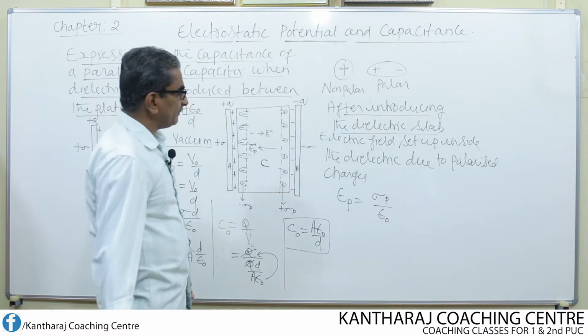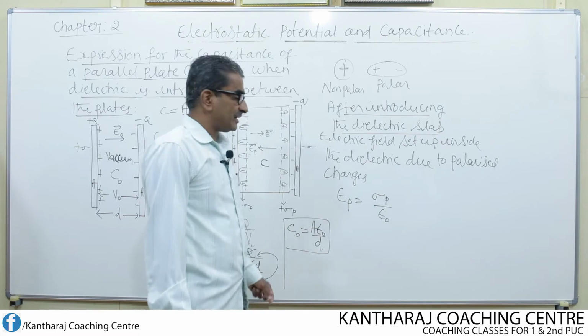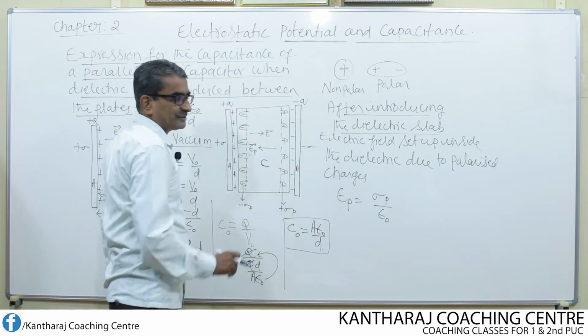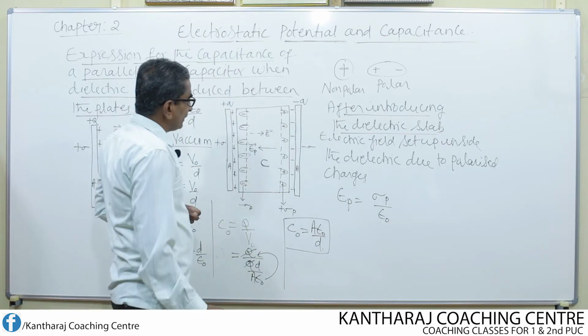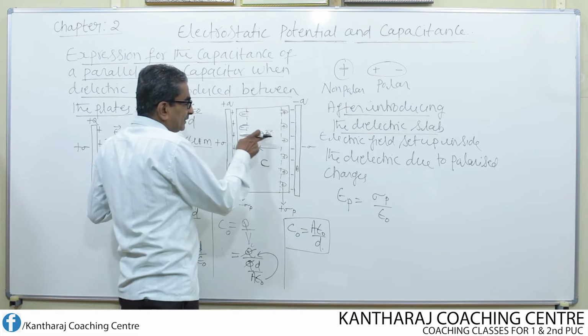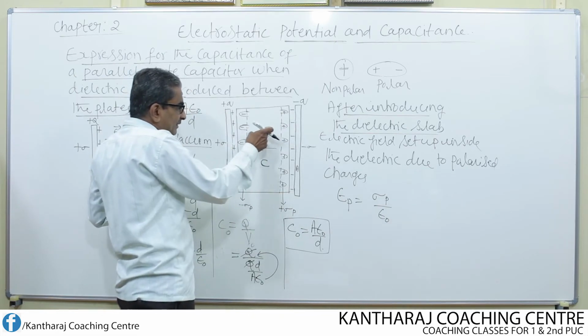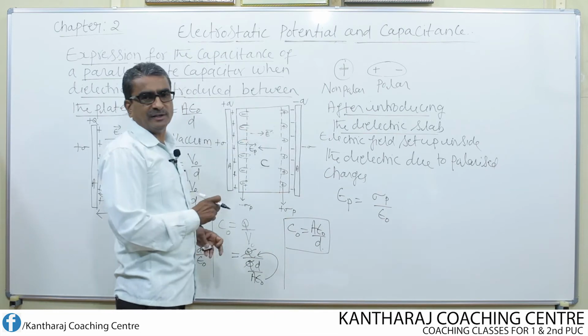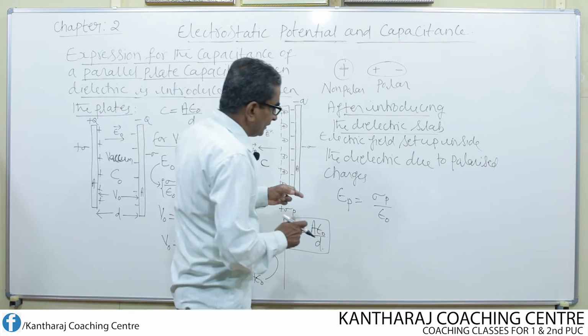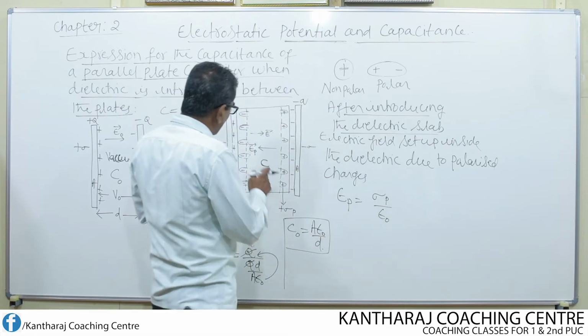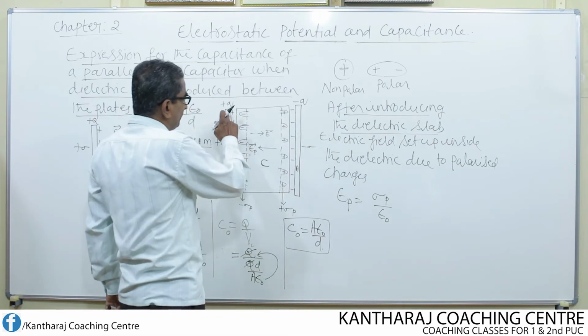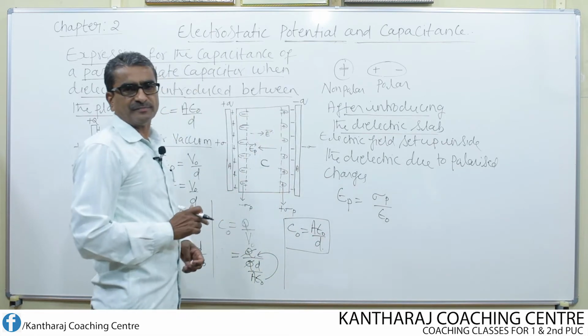Sigma p is nothing but the surface density of charge due to polarized charges. Remember, all positive charge will be in the direction of electric field. Negative charge will be opposite to the electric field. Next, what's the potential difference now between the two plates?